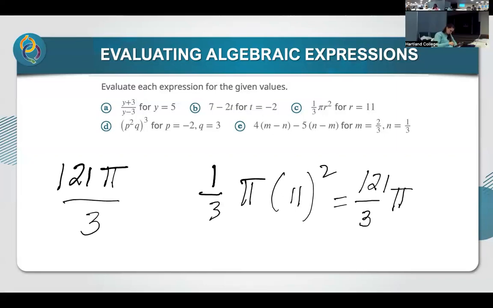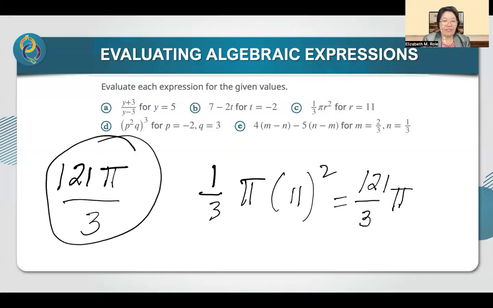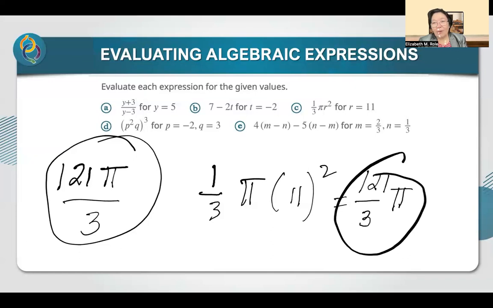Okay, there you go. Leave it that way. You can put the pi at the side, or the other thing that I have written, 121 pi over 3. Either one can be the answer. No problem.